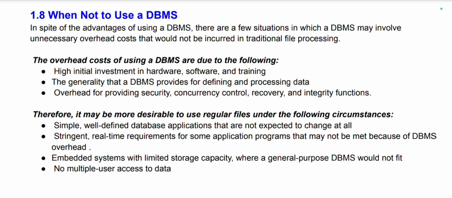If you want to define a simple database that will not change at all, then you can use file processing instead of the traditional DBMS. Stringent real-time requirements for some application programs that may not be met because of DBMS overhead. Embedded systems with limited storage capacity where a general-purpose DBMS would not fit.